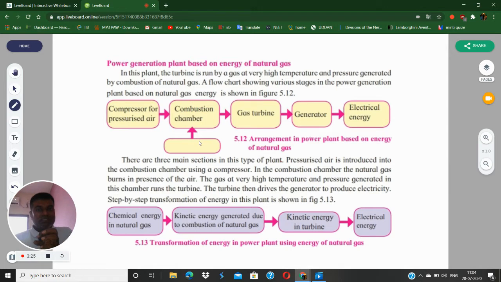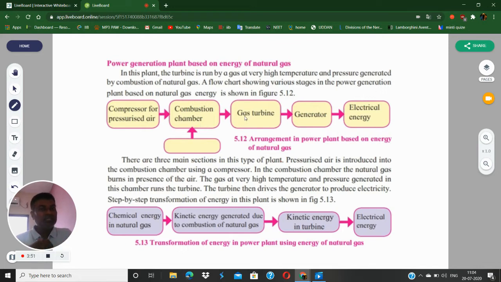In the flow chart shown here, these are the different stages of the power generation plant based on natural gas. We have the example of methane, and when methane burns we get combustion, which creates high temperature and high pressure.